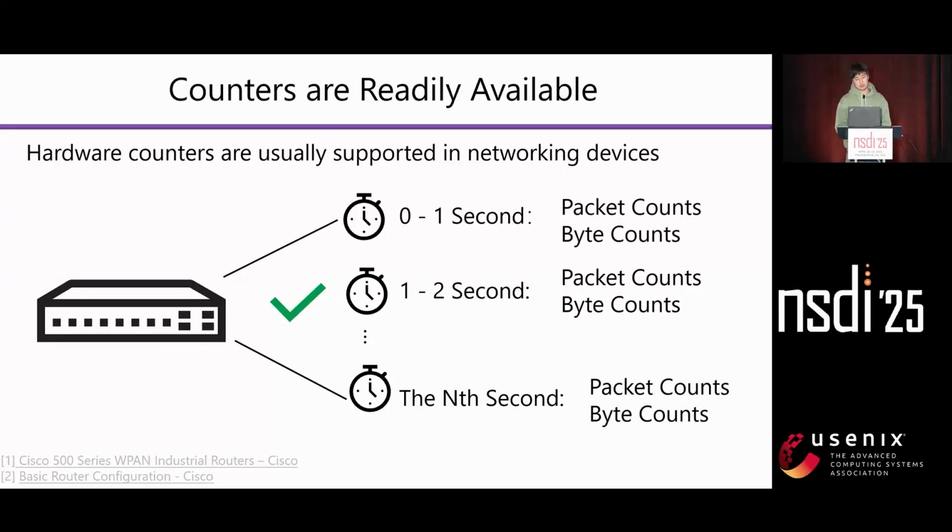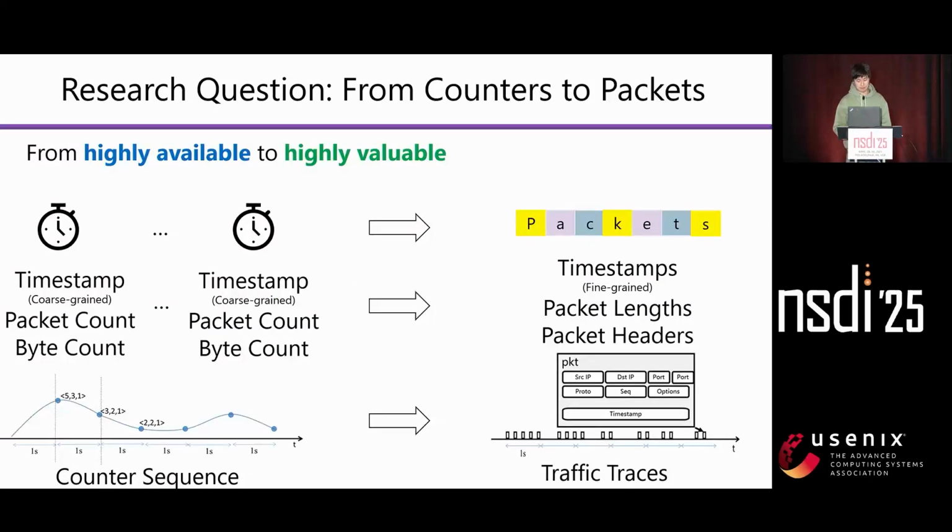While fine-grained traces are hard to collect, we observe that traffic counters are readily available in many network devices. It supports hardware counters. For example, we can easily obtain the number of packets and the total bytes for each second directly from the device.